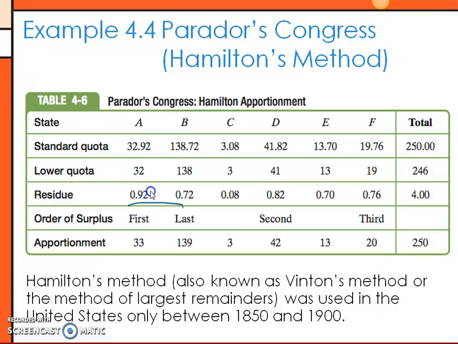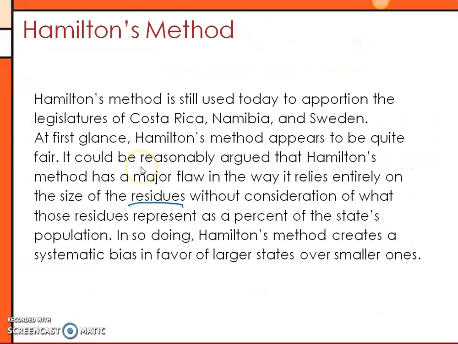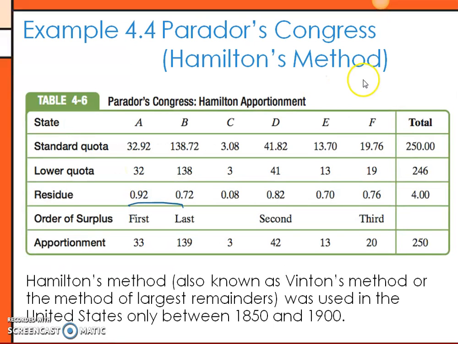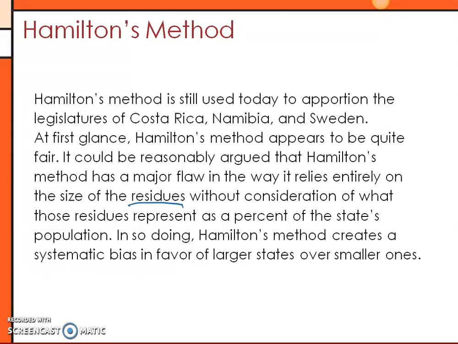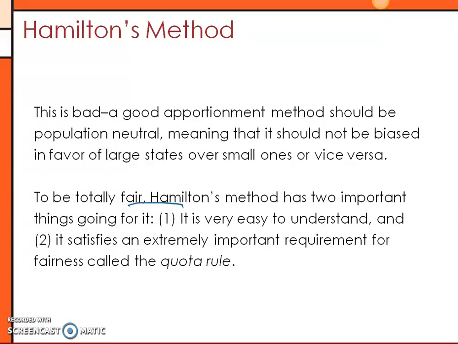It had the highest residual. But remember, that's 0.92 of maybe a small population, and the other one might be 0.72 off of a bigger population. And so it doesn't take that into account because you've already just said, okay, how close were they to getting another seat? But in general, it's a pretty good method.